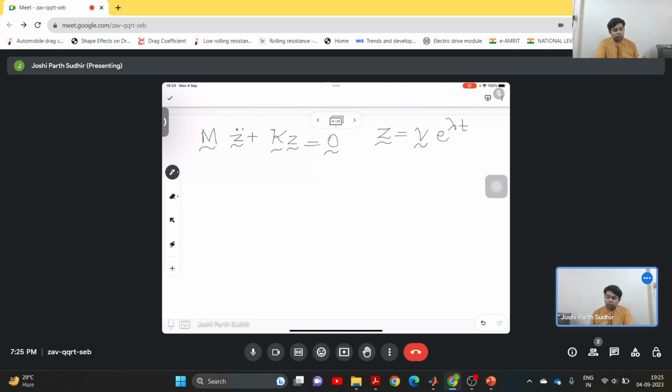Then let us substitute this solution in the differential equation. Z double dot will be V, and we are assuming that V is a constant independent of time, times lambda square e to the power lambda t.